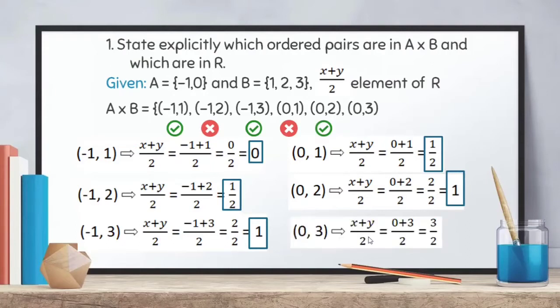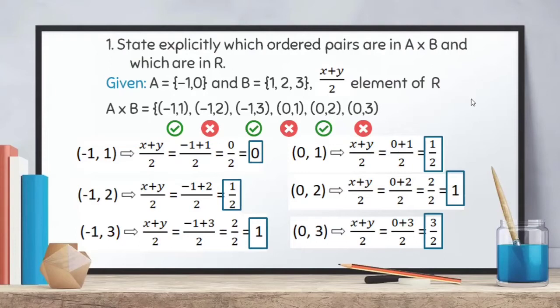Plugging in our values, that would be 0 plus 3 all over 2, and it gives us 3/2, and it is a fraction. So therefore, it is not an element of R. So therefore, the elements of R are (-1, 1), (-1, 3), and (0, 2) only. Any question?